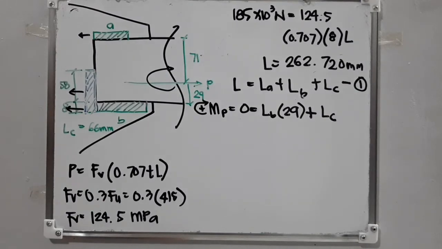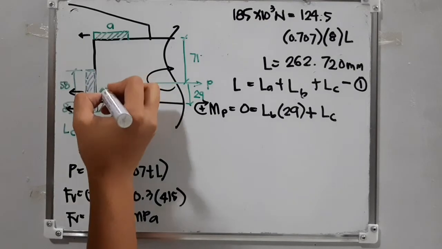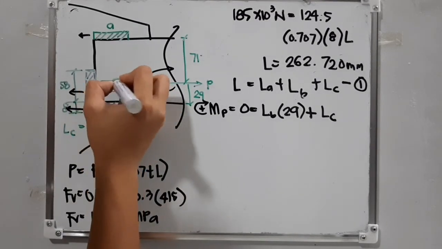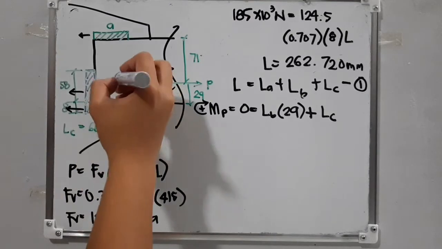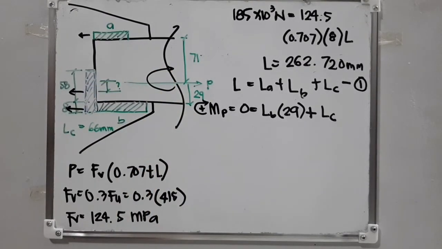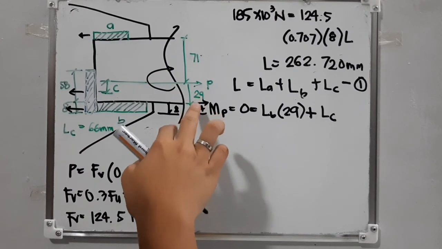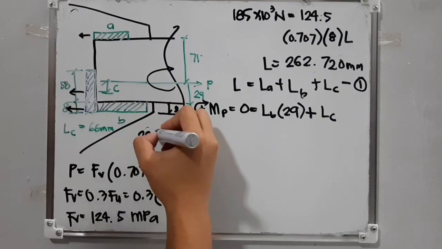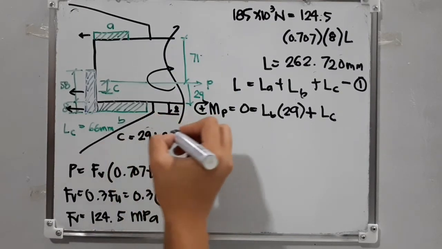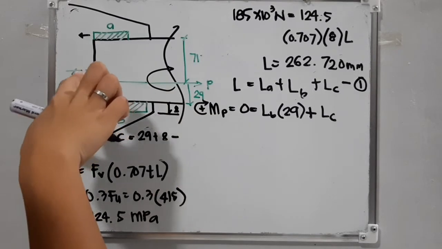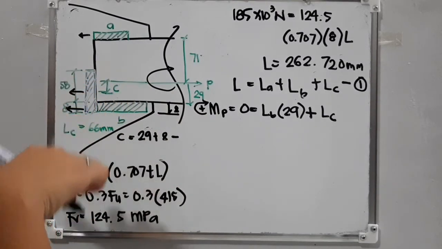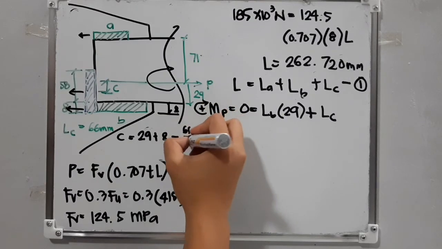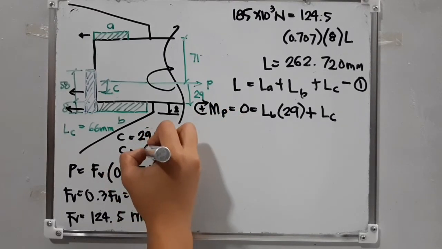What is our moment arm? We will determine the distance from the neutral axis to the centroid of our welded connection. So now we will determine the value for C. That is technically 29 plus 8, which is the value of C, minus 58 plus 8 over 2, or 66 over 2, which is equal to 4.